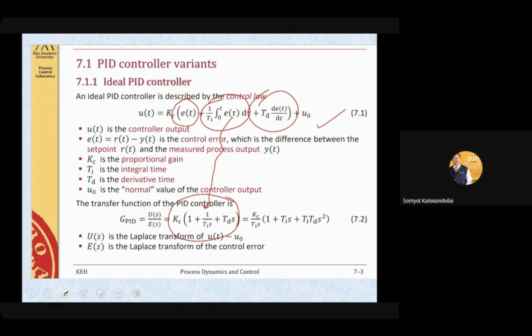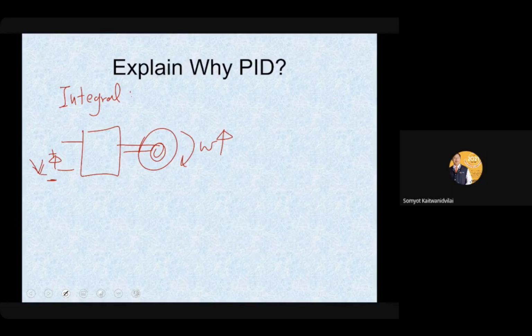If you put voltage to the motor, it controls the speed. If you put high voltage, you get high speed. But imagine everything in the world has dead zone or backlash. I'm not sure you're familiar with these two words. Dead zone or backlash, what does it mean?